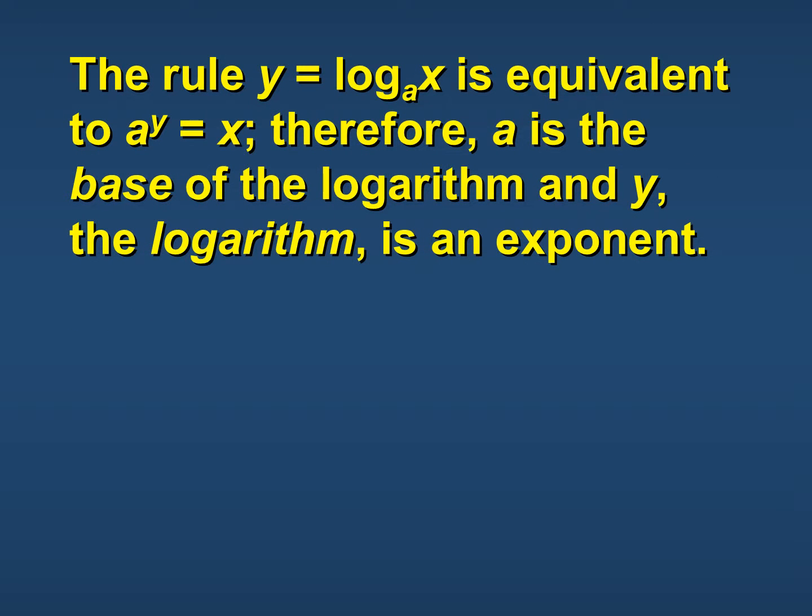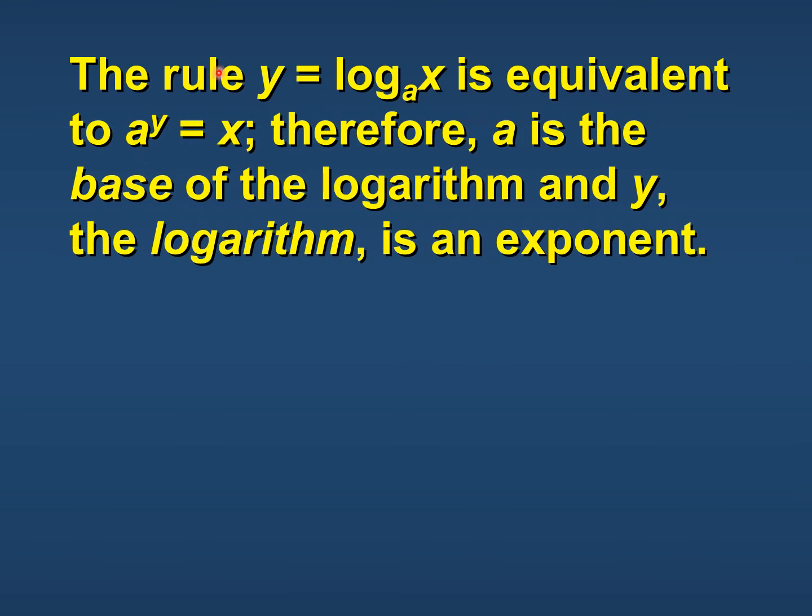So when we're converting, there is a rule that says log base a of x equals y is equivalent to a to the y equals x. I think of this as what I call a log loop. You start with a, and then you take it to the y, and it's equal to the x. Or you can go backwards: log base a of x is equal to y.